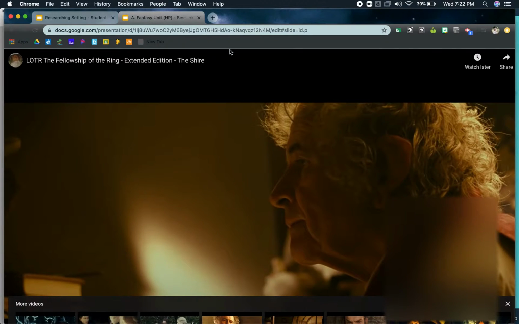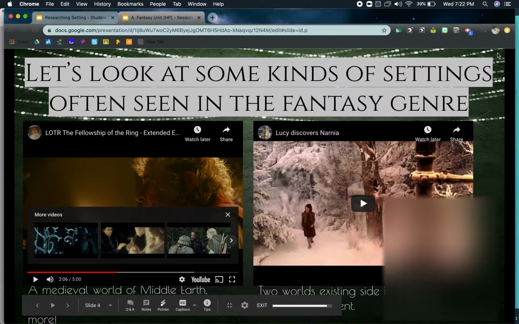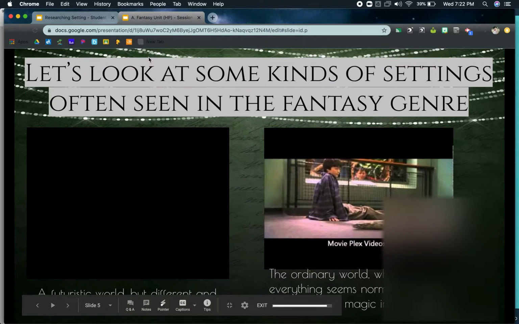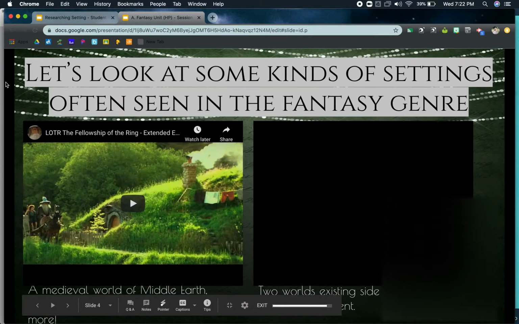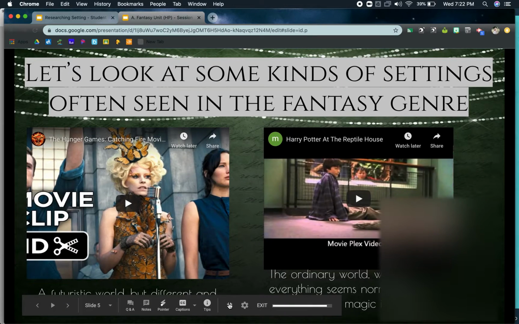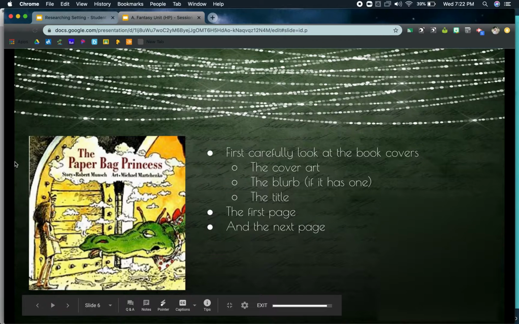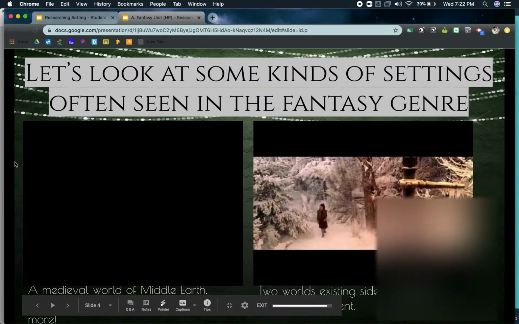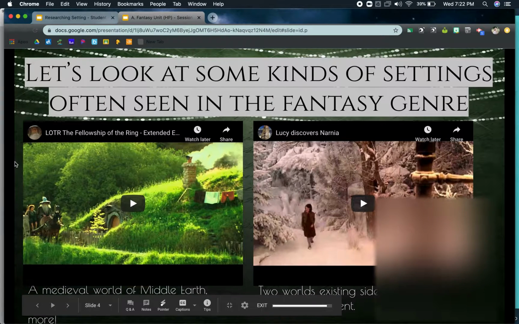Okay, so we can see in that scene that the Shire is a place where, sorry, my screen doesn't want to go full screen again. That's okay. It's that medieval world, Middle Earth. There's horses. They live underneath the grass. There's these chimneys.